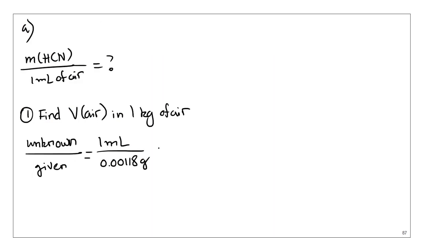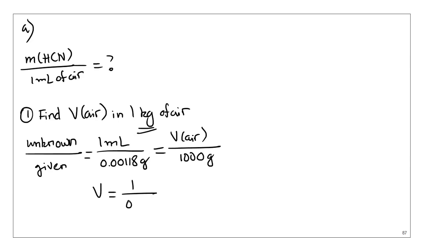So if I have 1 kilograms, now you definitely need to convert kilograms to gram here so that the unit is consistent. If I have 1 kilograms of air or 1,000 grams, you should be able to work out the equivalent volume. So V is going to be 1 over 0.00118 times 1,000, which is, I'm just typing into the calculator here, 0.00118 is a massive amount. I got 80, well, it's in mil, maybe that's why.